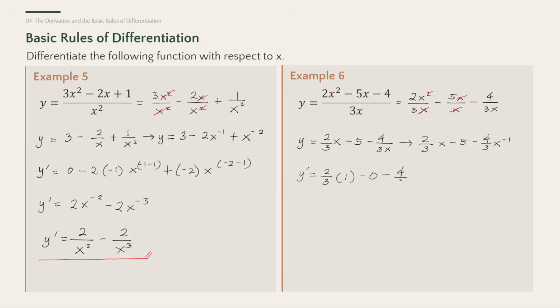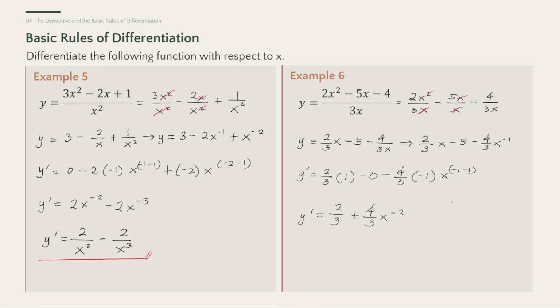This one, we have 4/3 times n, and n is negative 1. Then we subtract 1 from the exponent. Therefore, the derivative is 2/3. Negative times negative becomes positive 4/3 x raised to negative 2.